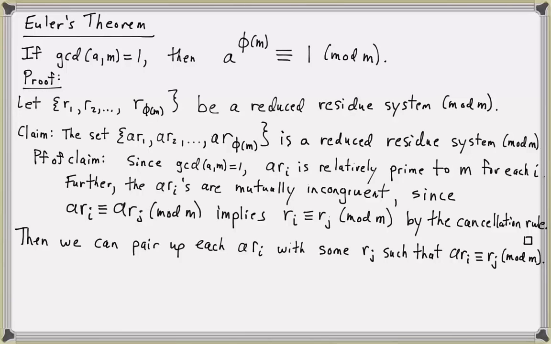This is true because if you have two reduced residue systems mod m, then each set contains the same residues mod m. So let's multiply all the R's together and all the aR's together.